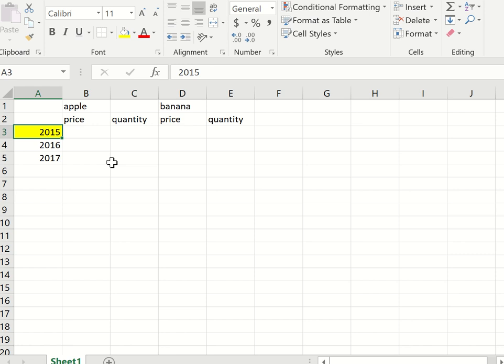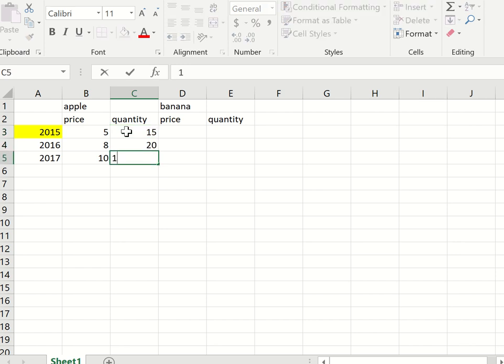Okay, so let's suppose the apple price. Let's do $5, $8, $10, and then quantity will be 15, 20, and then 25. For banana, $4, $6, and $8.